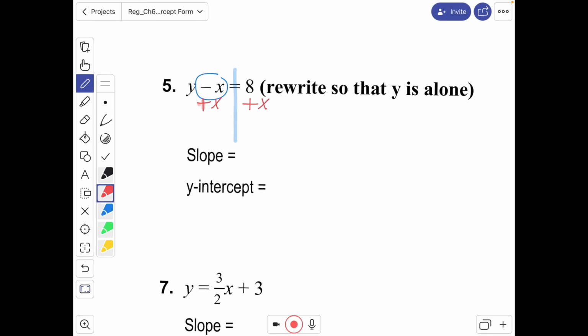So if I add x to both sides, then the x's cancel, y is by himself, and on the right side I have 8 plus x. So what number is in front of x? No number. And I told you when there's not any number, we assume it's a 1. So the slope is 1, and the y-intercept is the number by itself, so that's 8.